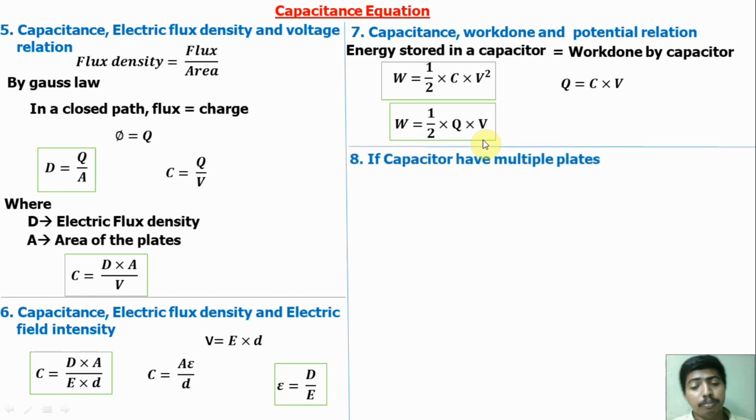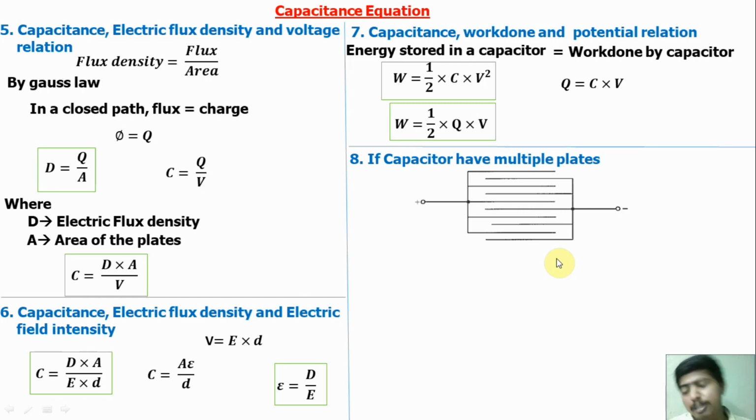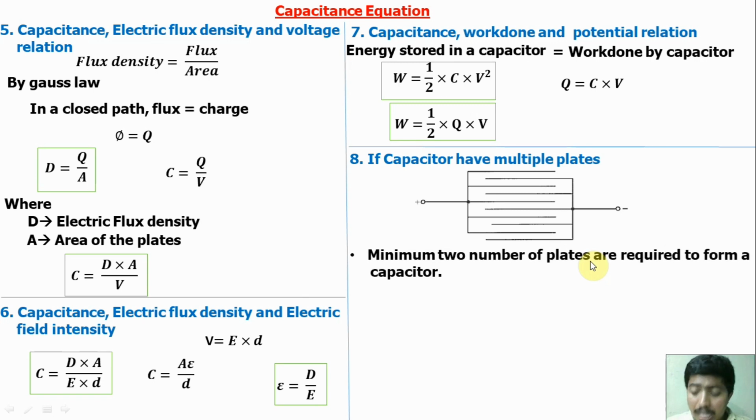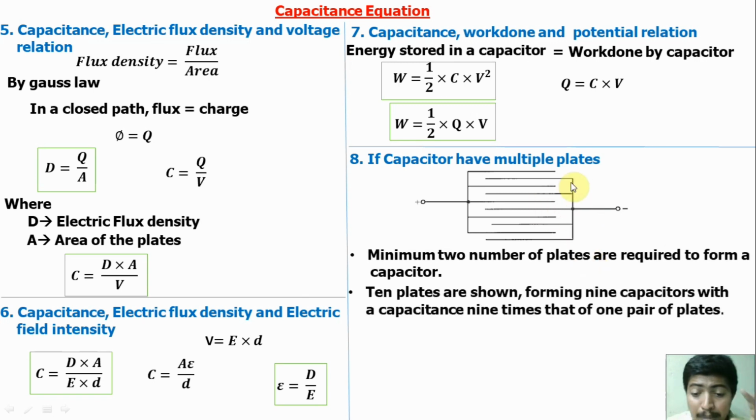Next, eighth one. If a capacitor has multiple plates, what is the value of capacitance? We know that for a capacitor, a minimum of 2 plates is required. If the capacitor has 2 plates, we can form a capacitor. If the capacitor has 3 plates, we can form 2 capacitances. If the capacitor has 10 plates, we can form 9 equal capacitors.